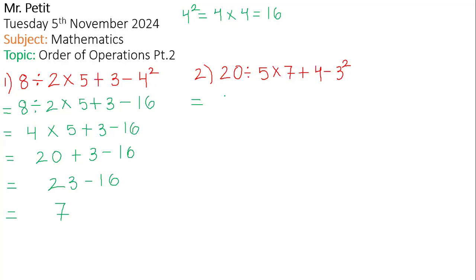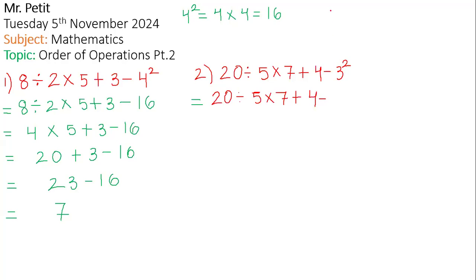Okay, all right. So what's the first one we're gonna do? We're gonna deal with the exponents, right? So we have 20 divided by 5 multiplied by 7 plus 4 minus 3 squared.